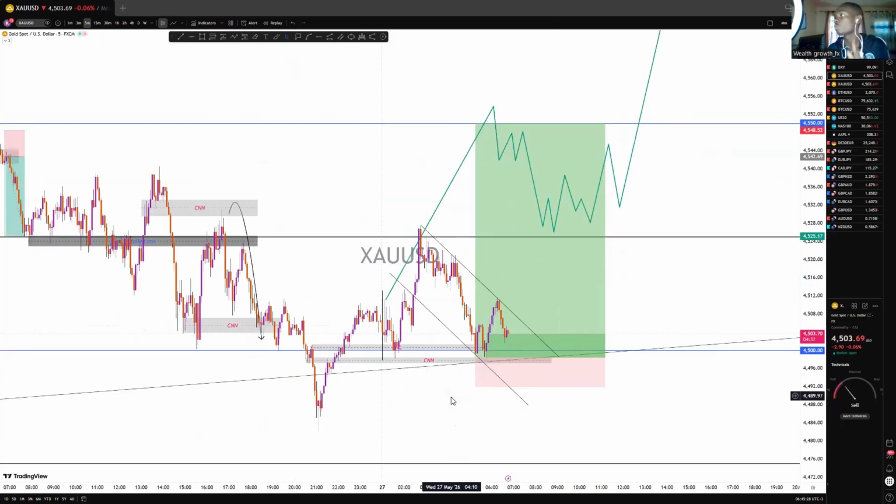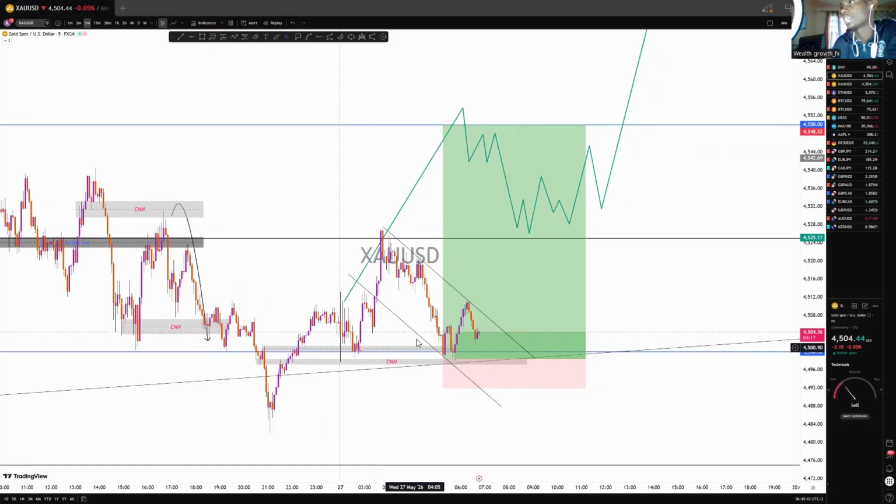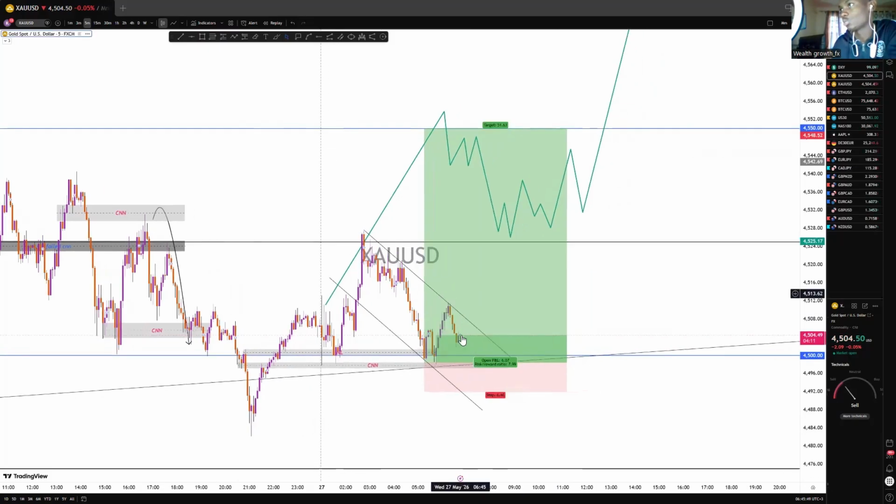So if you want to continue looking for buy opportunities, it's very easy, guys. It's very easy once you understand what the market is doing. You come, you identify the correction move or the current market direction, where is it going, and when the market decides to get out of this zone here, you look for buying opportunities.